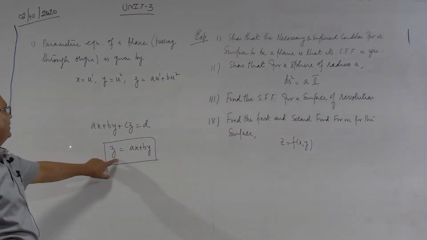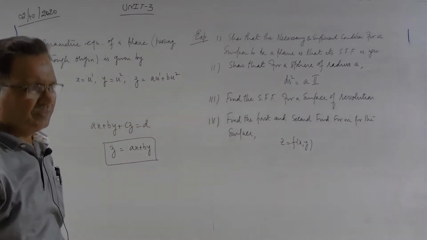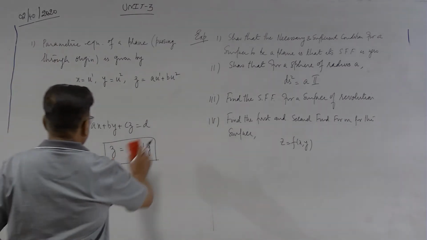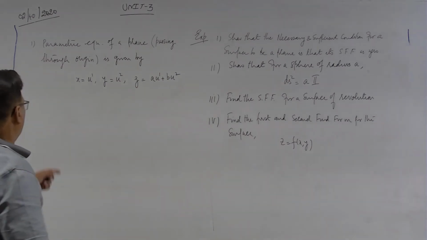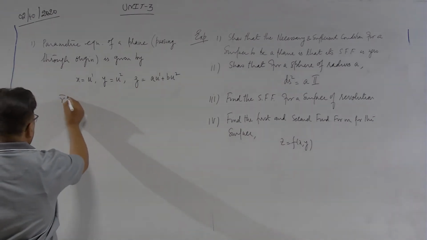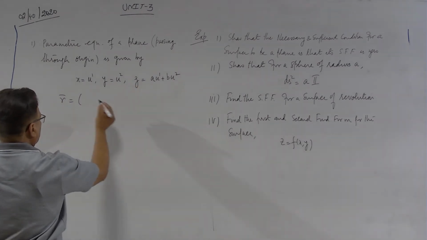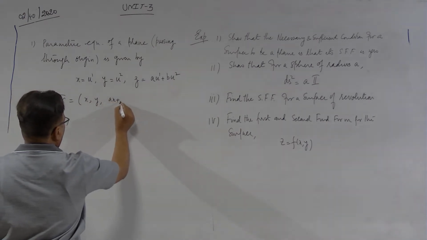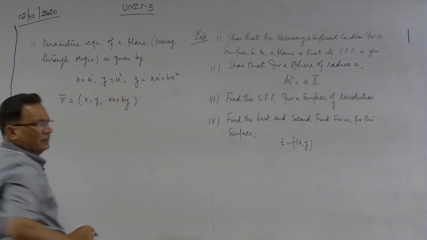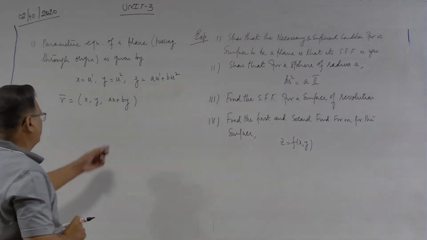So, this observation suggests that this is the parametric representation of a surface. If you want to write down the position vector of a point on a plane, it will be u1, u2, a u1 plus b u2, or x, y and a x plus b y. Here x and y are the parameters of the regular surface plane.